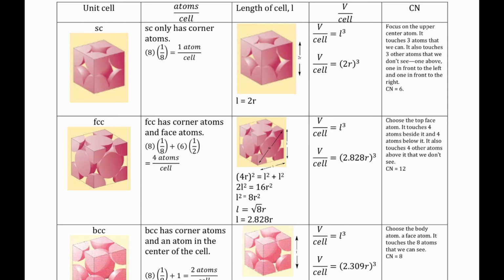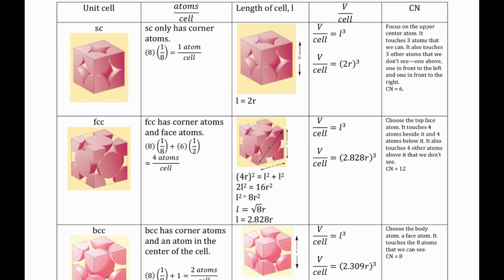There's an atom above, there's an atom in the front to the left, and there's an atom in the front to the right. For simple cubic, the coordination number turns out to be 6. Perhaps looking at another picture, a more expanded lattice structure of simple cubic would help you see that. Also, I think that you will see that when you do that crystalline solid activity.